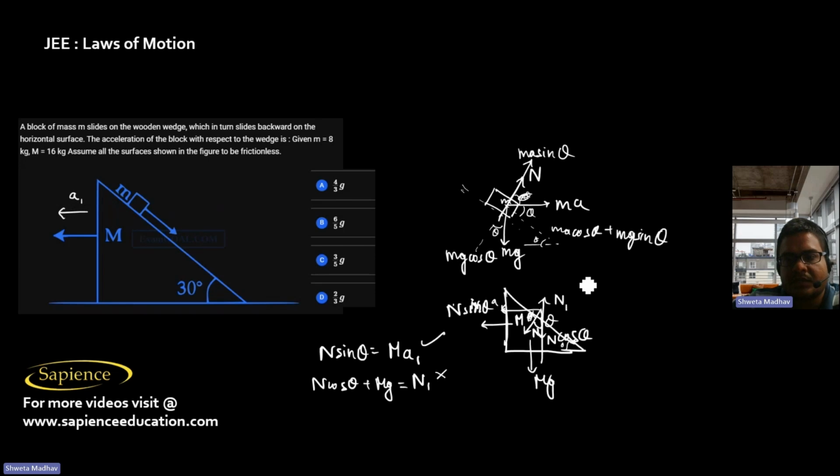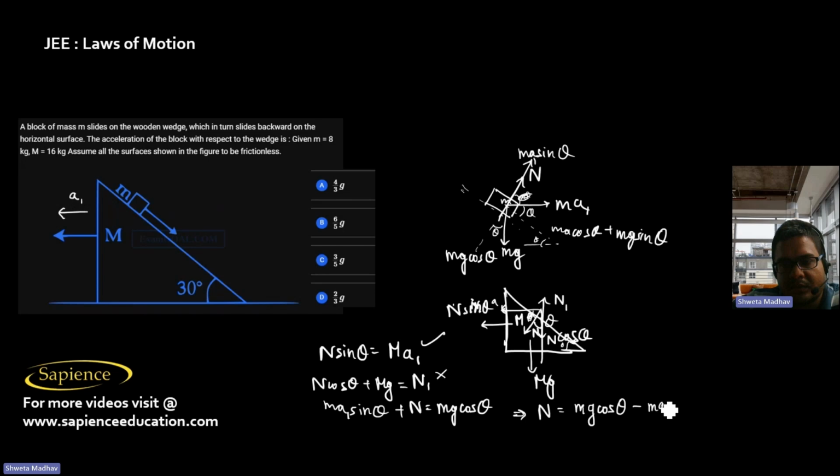So therefore we can say that ma1 sin theta plus N is equal to mg cos theta. Therefore N is equal to mg cos theta minus ma1 sin theta.